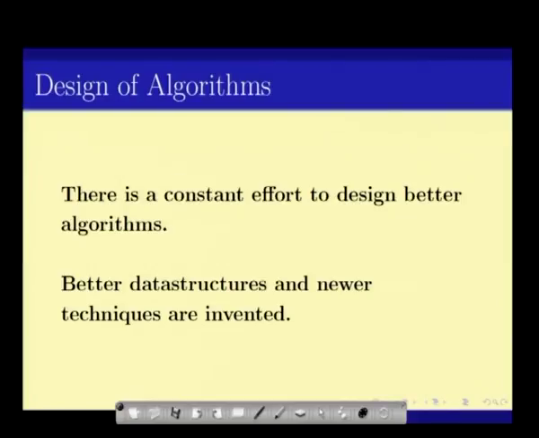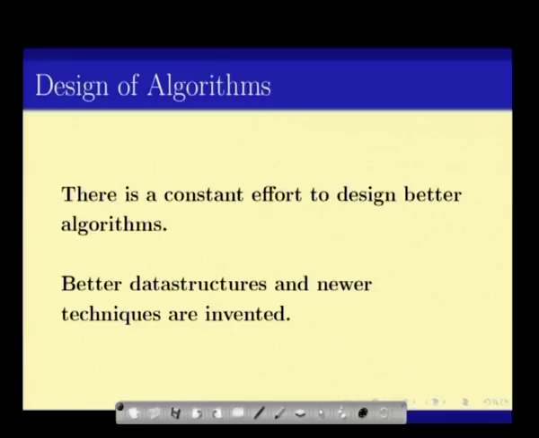This is a constant effort that keeps on happening. Either newer and newer techniques and algorithms are invented, or better and better data structures are invented. Now, data structures are something we have not looked at much in this particular series of lectures, but they are another very important part of algorithms, like assistants to the algorithm.